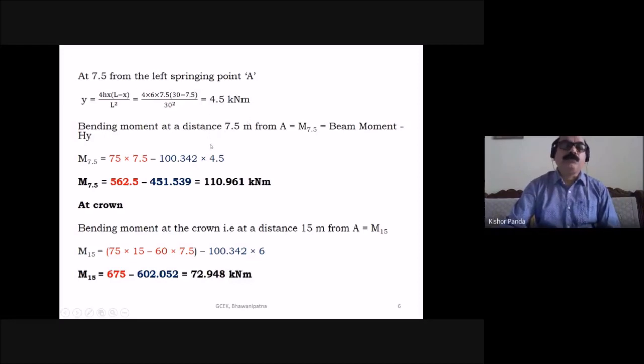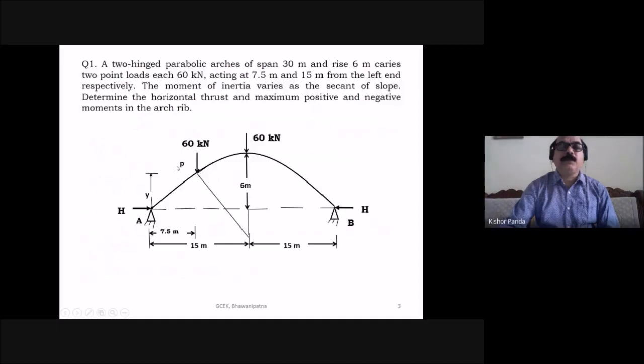Then you find the bending moment at a distance. Find the bending moment at a distance 7.5 meter from support A, then find the bending moment at a distance 15 meter from support A. First you find the bending moment here.